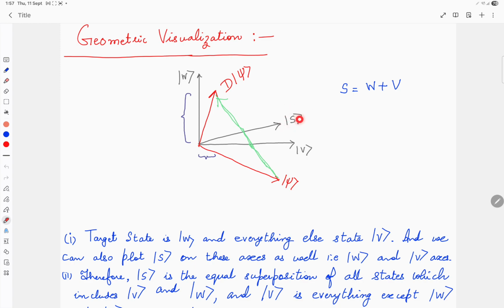So ket S, being the equal superposition state, will have more overlap towards V rather than W.